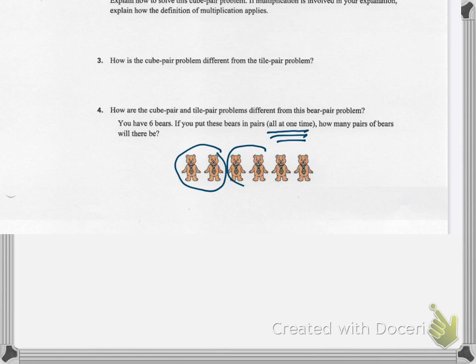All at one time, I have 3 pairs. Okay? So 1, 2, 3. I don't pick one at a time. I have to take care of it all at once. So that's why my answer is so much smaller. I took the 6 bears and I put them in pairs of 2 and got 3 sets of pairs.